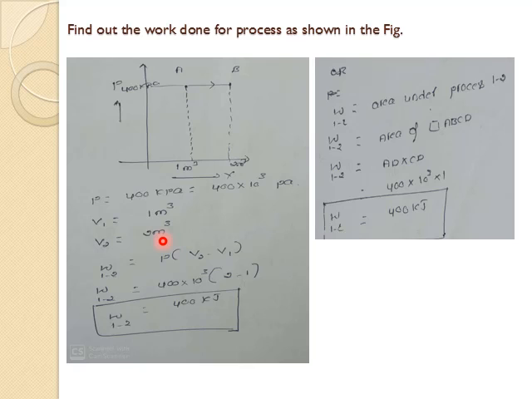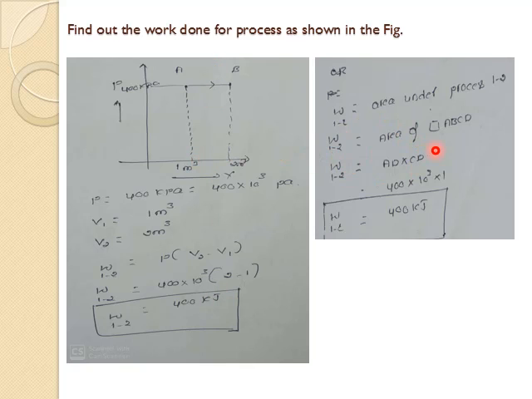The work done in the process 1 to 2 is equal to P into the difference in volume, which is V2 minus V1. If you substitute these values, you will get the work done in the process 1 to 2 as 400 kilojoule. So this is the answer for this problem.